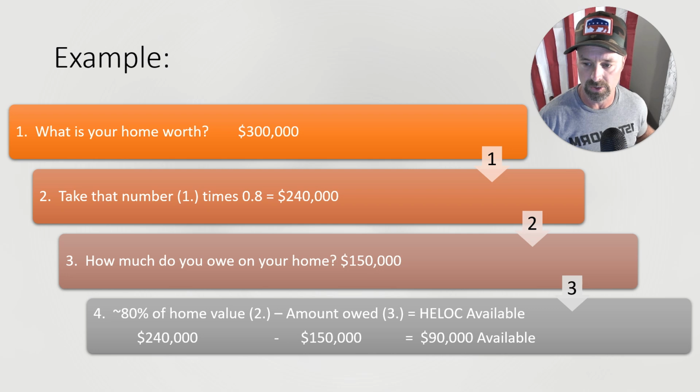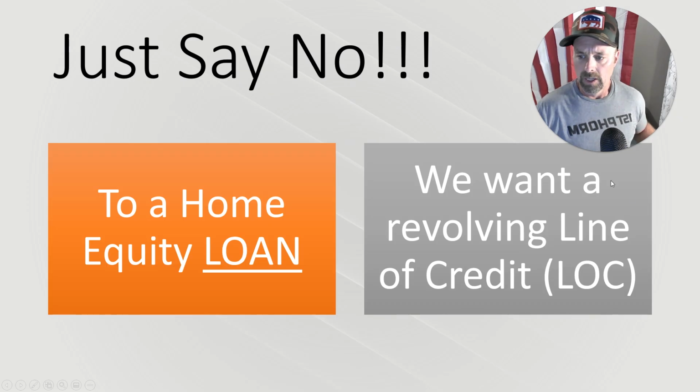So you take the 240, number two, minus number three, the 150. So 240 minus 150 equals $90,000. So in this example, this person would have a HELOC availability of up to $90,000 that they could possibly get their hands on and use if they've got some good credit.